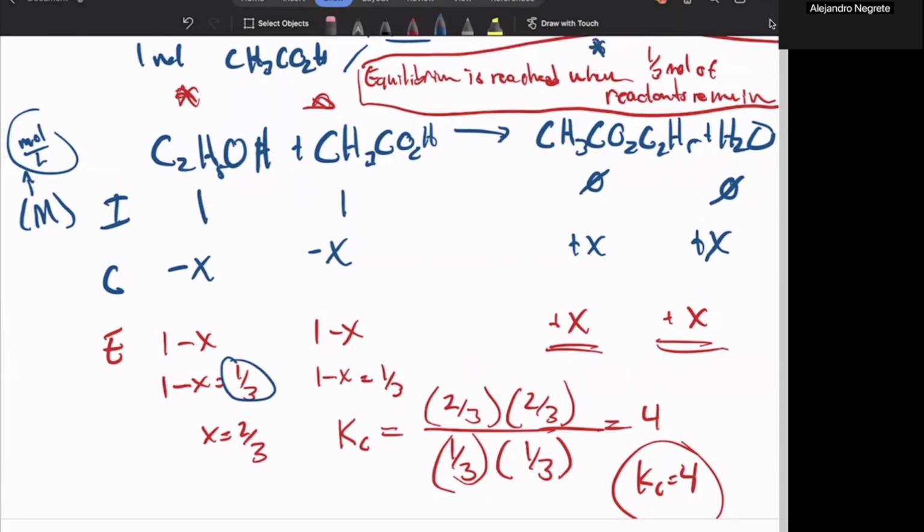So we go from 1 molarity to 1/3 molarity. And again, we're able to determine what K sub C is.